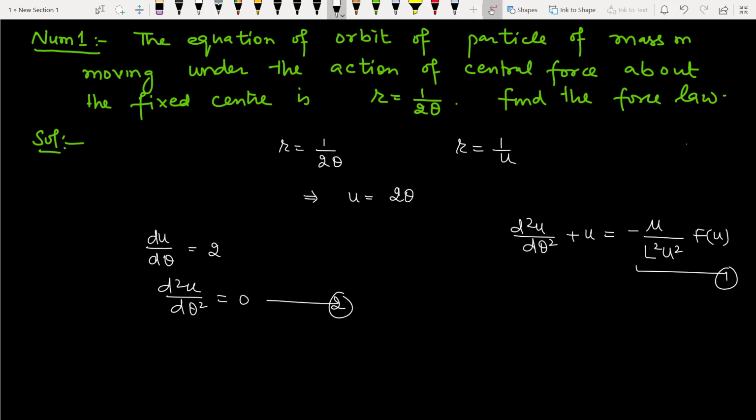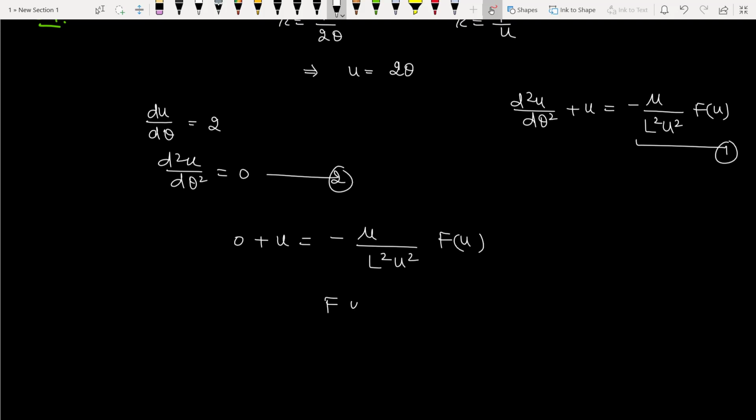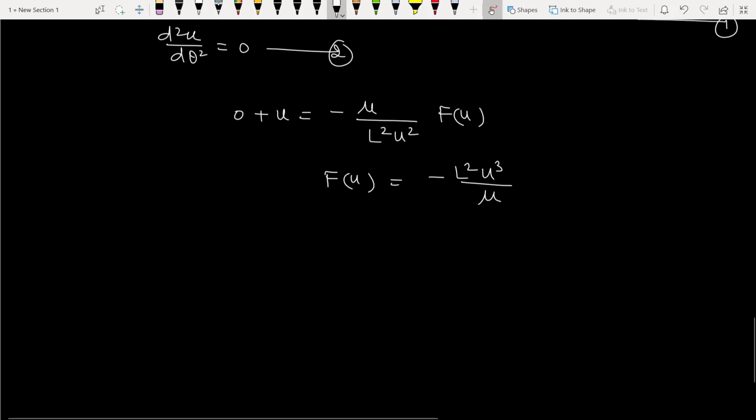So from equation first and second, what do we get? F(u) comes out to be proportional to u cube, so the force law is proportional to u cube.